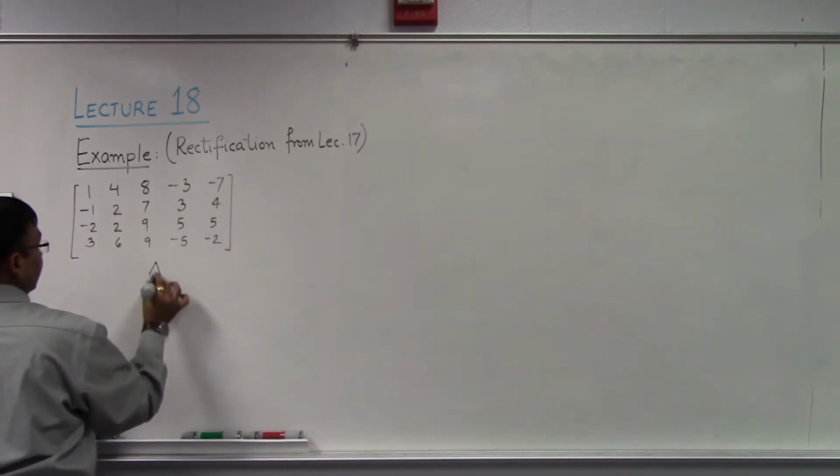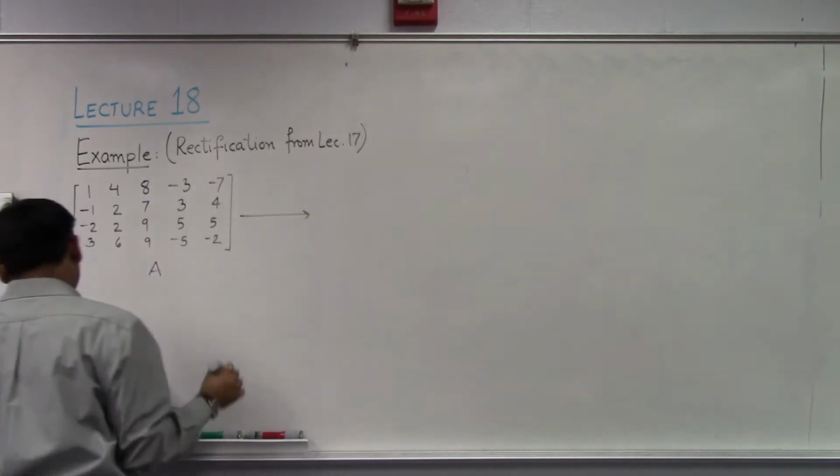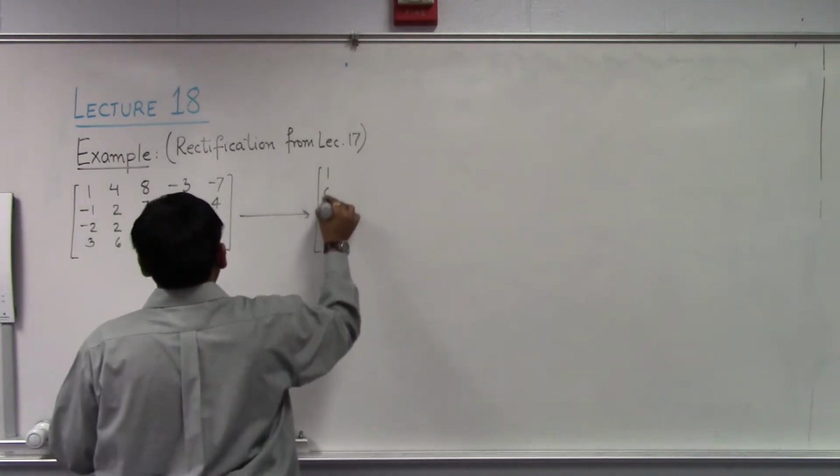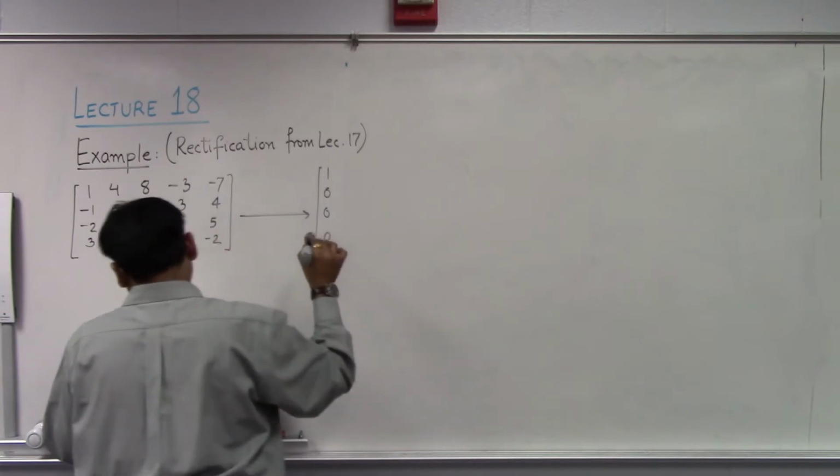So this was my matrix A, and it was reduced to an echelon form. It looked something like this.